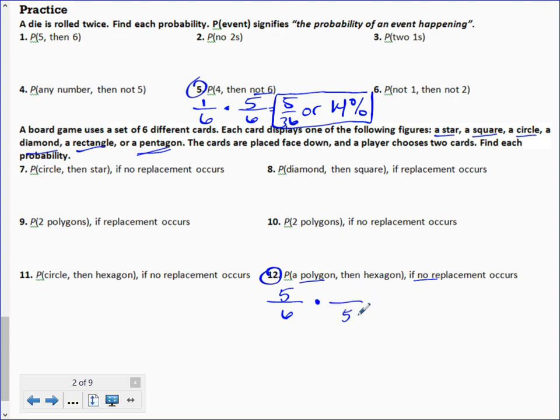Let's take a look. Hexagon. It's 6 out of... That's a pentagon. So a hexagon is 6. Still waiting for somebody. If it's 1 out of 6, it's not.